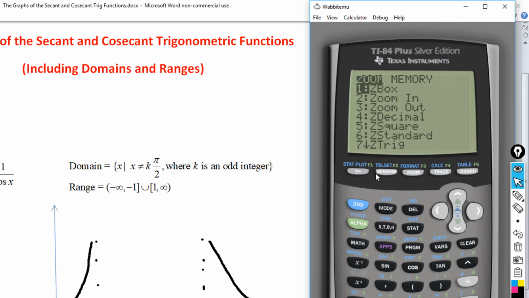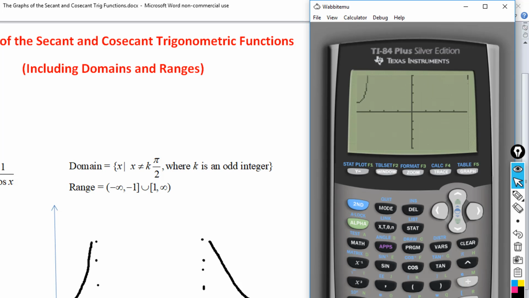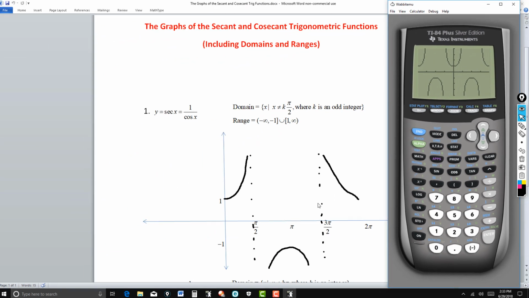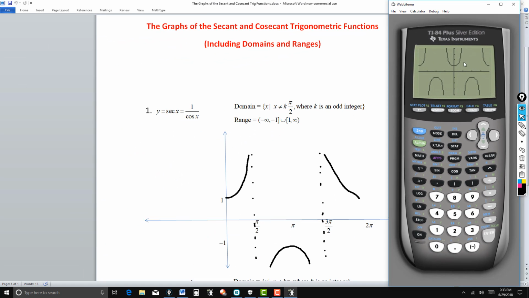If I hit number 7, zoom trig, there's what the graph looks like. I have the one period here in my diagram. Of course the calculator doesn't show you the vertical asymptotes, but they occur at odd multiples of pi over 2. I'm just showing you one period.